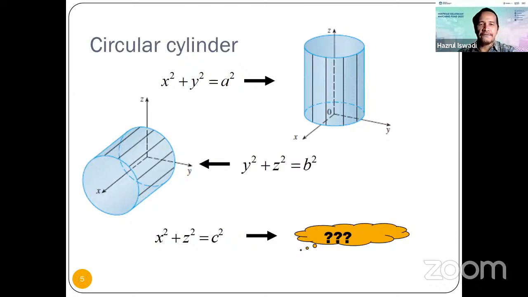Here we find some illustration about a circular cylinder in the upper right.